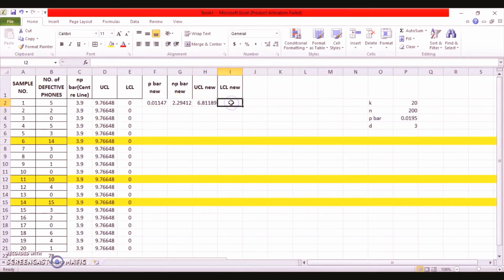And similarly for the lower control limit, we write np bar new minus 3 into the square root of np bar into 1 minus p bar new value.